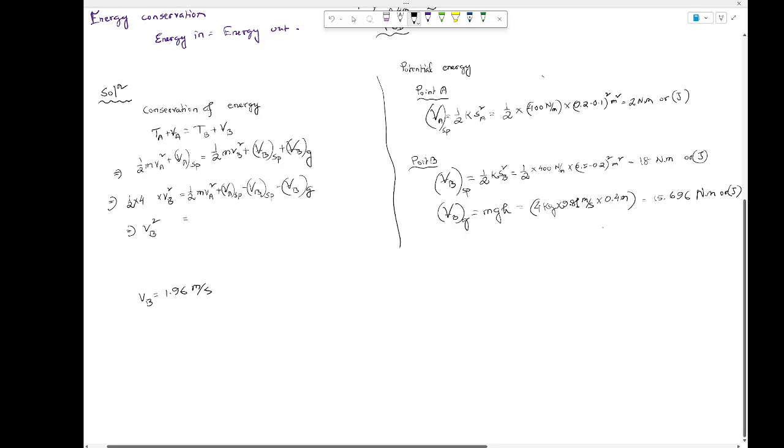I'm skipping the unit for now. I do have the result here written as 1.96 in my notes.